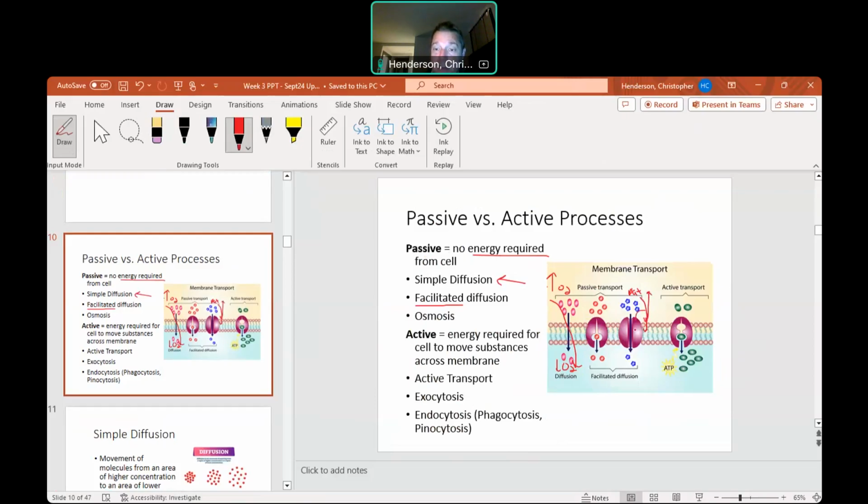It's still high on the outside, this sodium, and it's low on the inside. This is probably glucose here, but it's low on the inside. So it wants to go down its concentration gradient, but it can't get in because this membrane is stopping it. So it can pass down through a protein or a channel, and that is going to be facilitated diffusion. The last one is water.